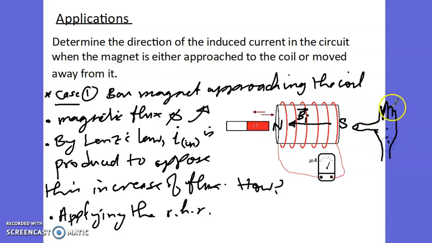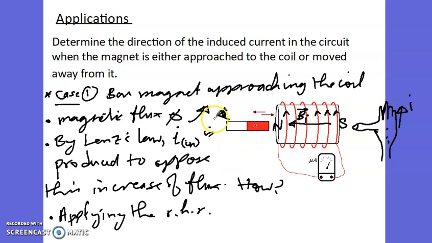You see? Now this is the sense of the current. Here, this is I induced, or the sense of the current. So the sense of the induced current is like this. Some people call it anticlockwise if you view it from this point.